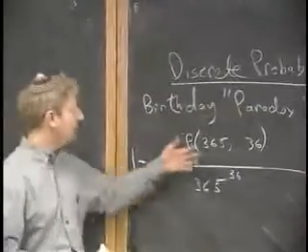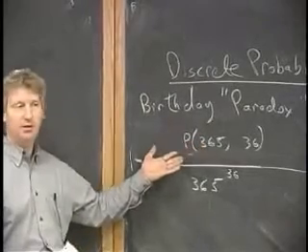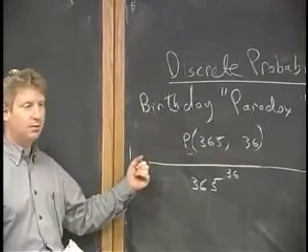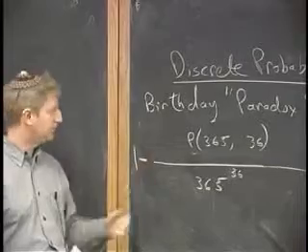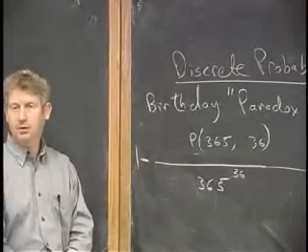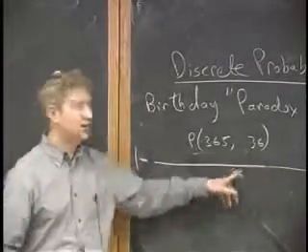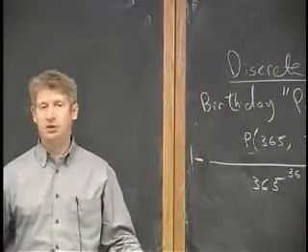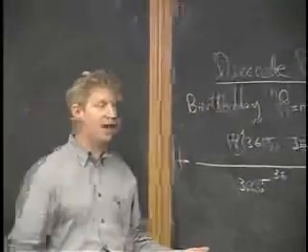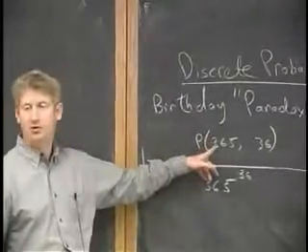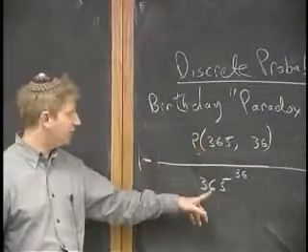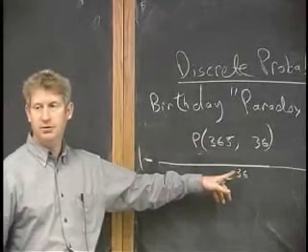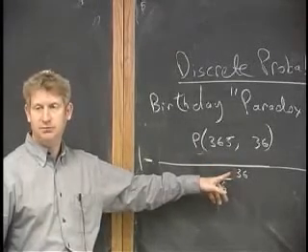What happens as the number of people gets very, very big? Well, what happens? Say this 36 gets very, very large. You know, it gets to be 365. Is it a certainty when it gets to be 365? No, this becomes n factorial, right? And this becomes 365 to the n, more or less.